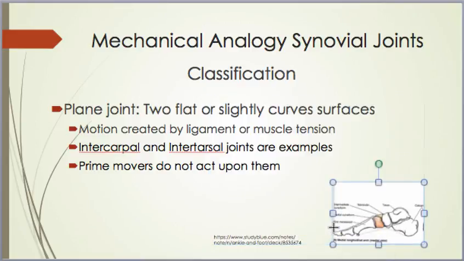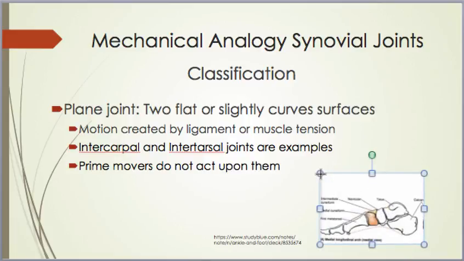But again, it's in response to tension of the ligament or muscle as opposed to direct action of a muscle on the joint. So our intercarpal and intratarsal joints are great examples of these. Again, prime movers do not act upon them. They occur as the forces around them dictate.